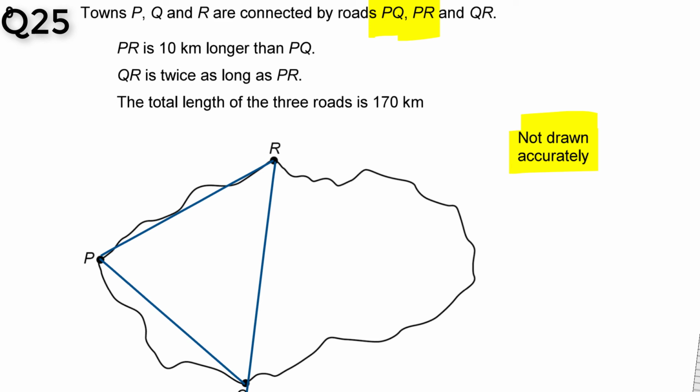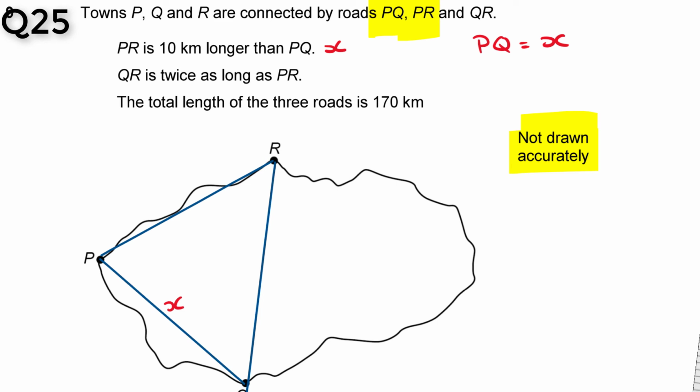Okay, so we are told that PR is 10 kilometers longer than PQ, but we don't know how long PQ is. Now, if we don't know anything in maths to start with, then use algebra. So let's say PQ is equal to x. So I'm going to make this one here x. Then PR is 10 kilometers longer than PQ.